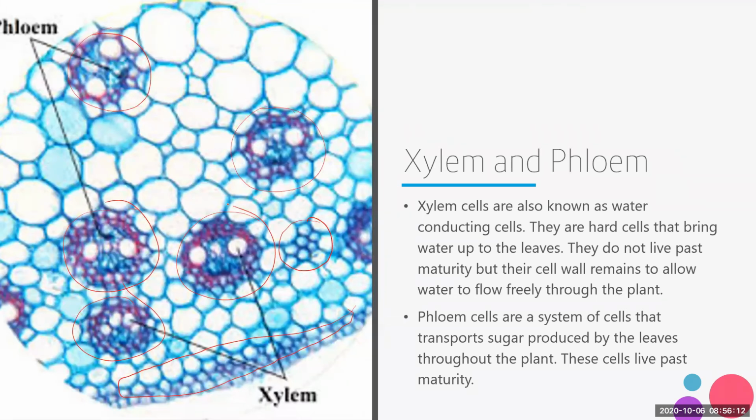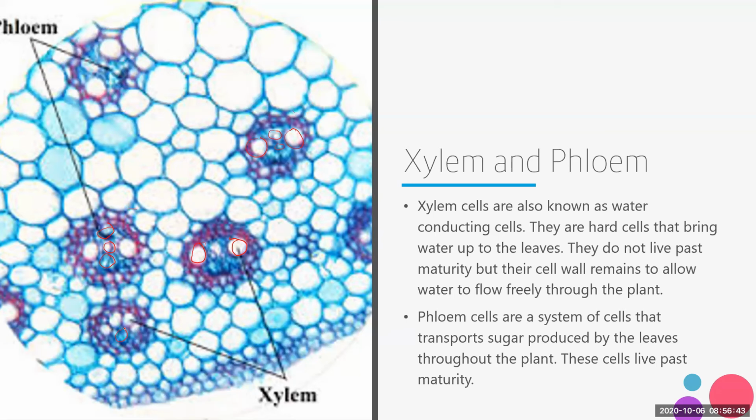So in this illustration, we can see xylem and phloem, which are already labeled. These big circles are the xylem, while the smaller ones are the phloem.